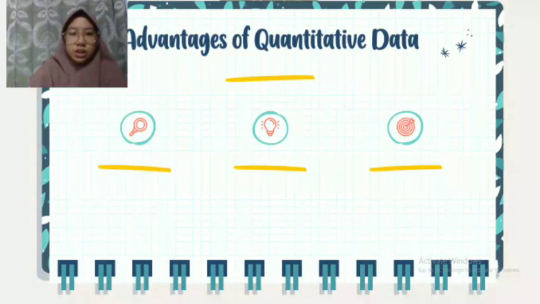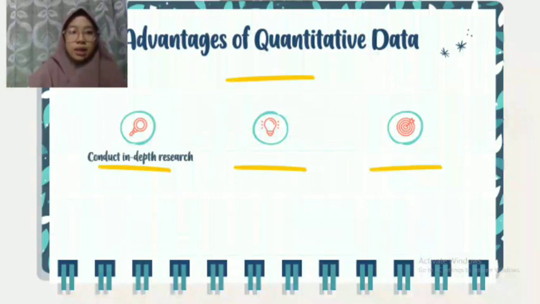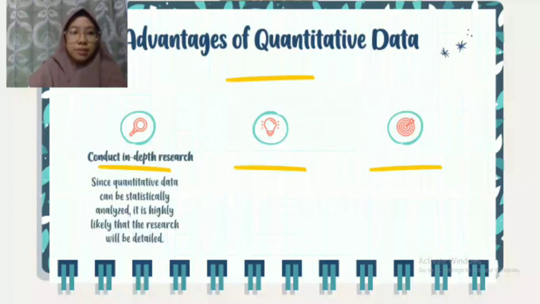Advantages of quantitative data. Some advantages of quantitative data are: conduct in-depth research. Since quantitative data can be statistically analyzed, it is highly likely that the research will be detailed. Minimum bias.